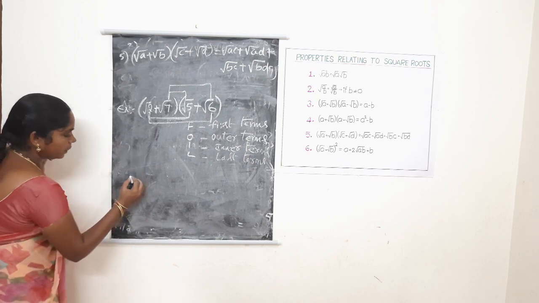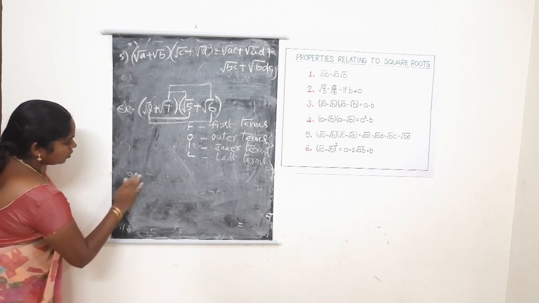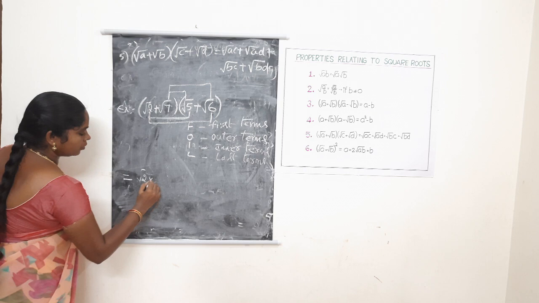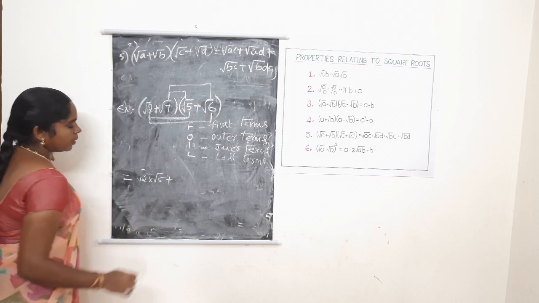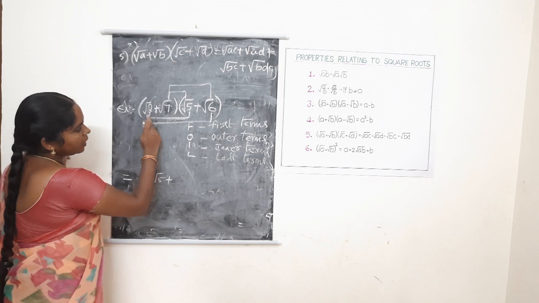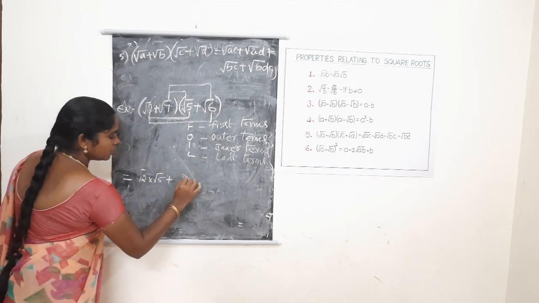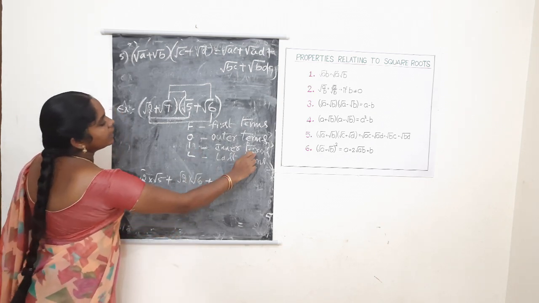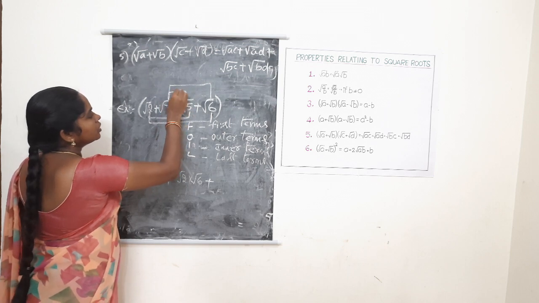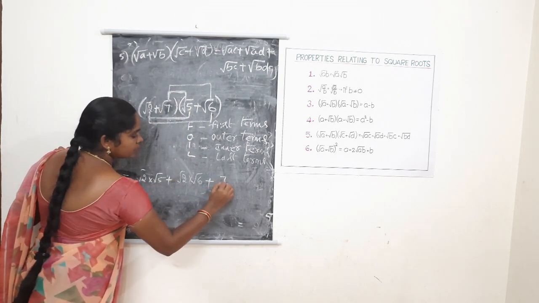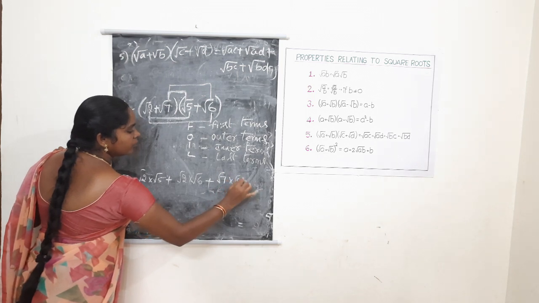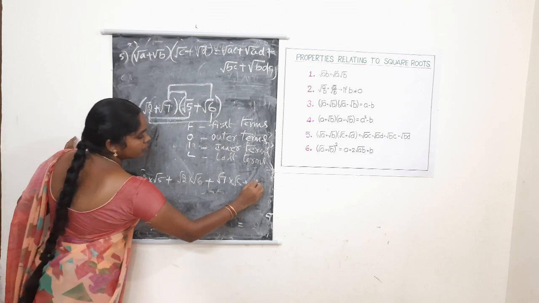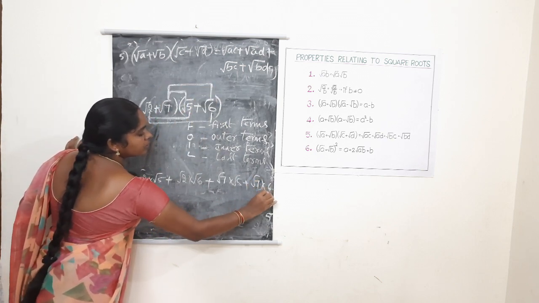Now multiply. First terms: √2 into √5, plus outer terms: √2 into √6, plus inner terms: √7 into √5, plus last terms: √7 into √6.